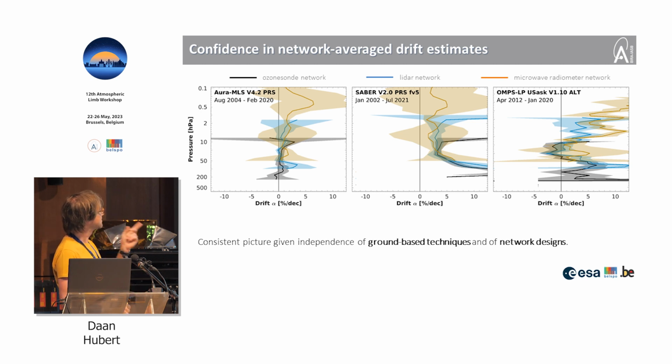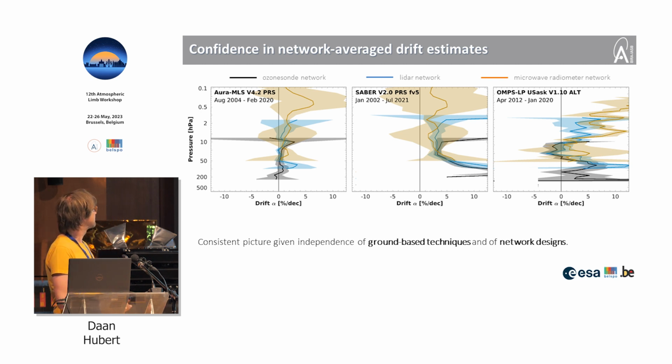This slide shows how confident we can be that this is actually working. On the left you see Aura MLS, an older version, version 4, and it shows the drift profile relative to the sonde network in black, the lidar network in blue, and the microwave network in orange.